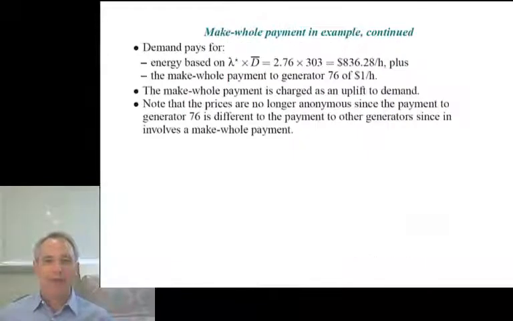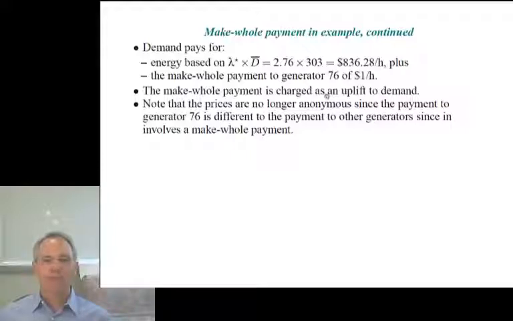The make-whole payment would only be paid if generator 76 commits and dispatches consistently with the optimal commitment and dispatch. The demand would pay for energy based on a price of lambda star times D overline. That's 2.76 times 303, which is $836.28 an hour for energy, plus an additional make-whole payment of $1 per hour. So it ends up paying a total of $837.28 per hour.